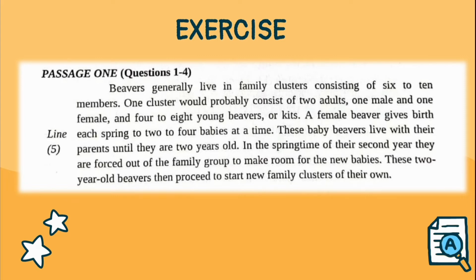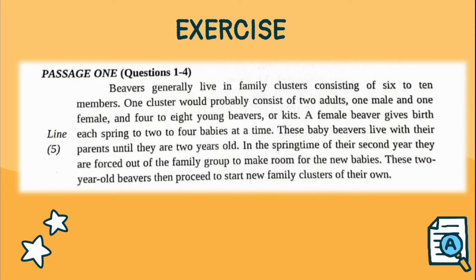Passage 1. Beavers generally live in family clusters consisting of 6 to 10 members. One cluster would probably consist of 2 adults, 1 male and 1 female, and 4 to 8 young beavers or kids. A female beaver gives birth each spring to 2 to 4 babies at a time.